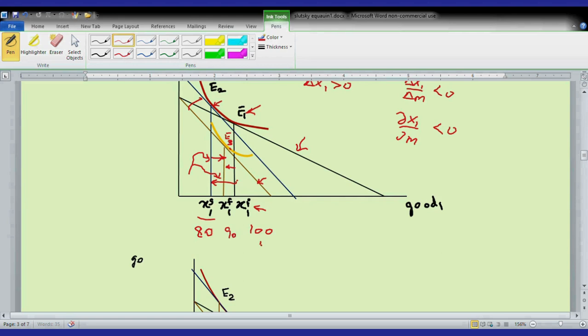So from 100 to 80 is your substitution effect, and from 80 to 90 is your income effect. So 90 is the final value, 80 is the initial value. So the income effect is saying that consumption of x will be increasing by 10 units.